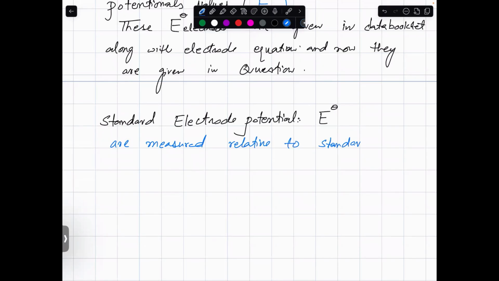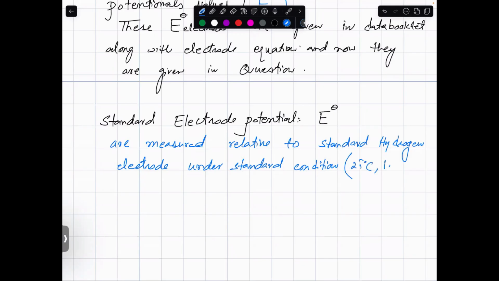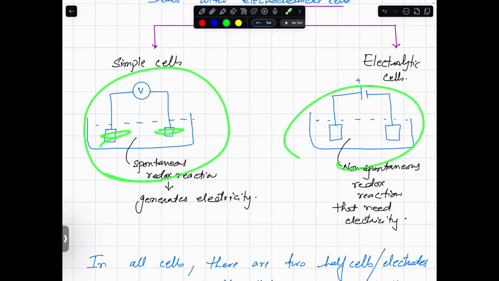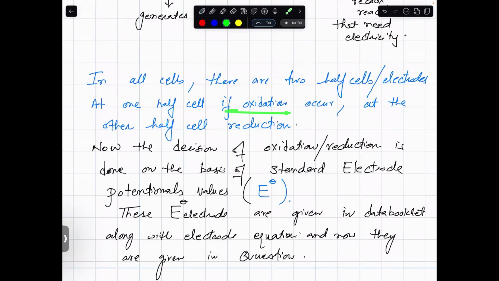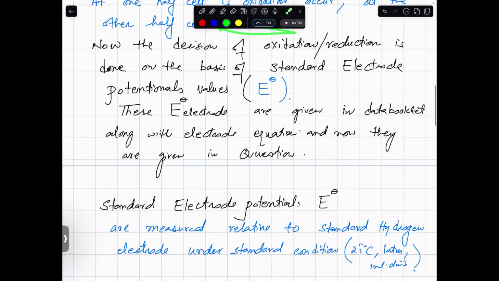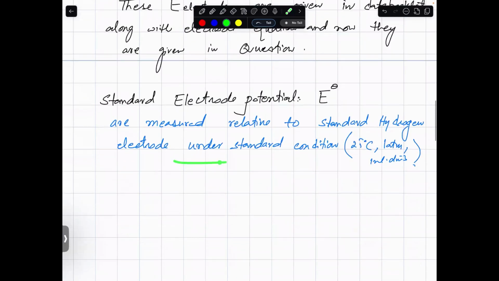This I'm going to explain later on. Conditions: 25 degrees Celsius, 1 atmospheric pressure, and 1 mole per dm cubed concentration. Both cells are made up of two half cells, and at these electrodes either oxidation or reduction occurs, decided by standard electrode potentials measured relative to the standard hydrogen electrode.